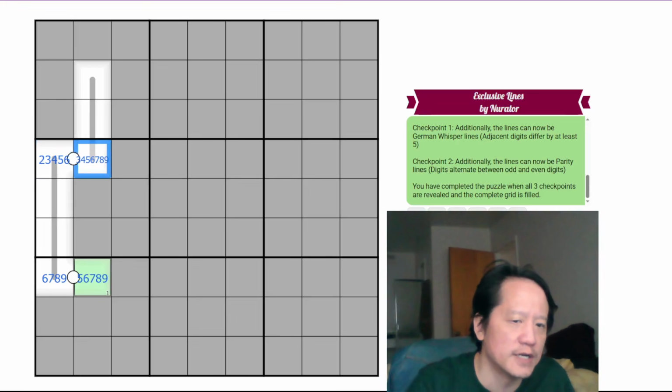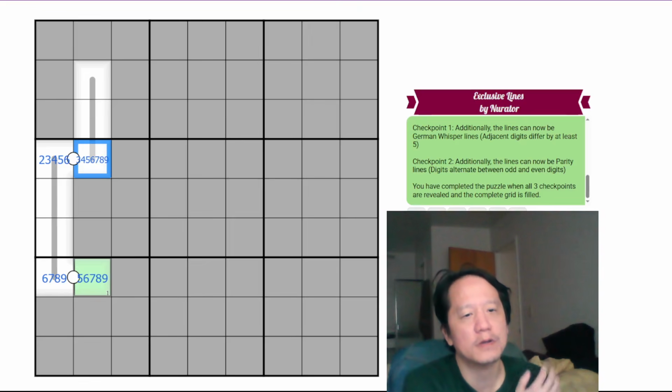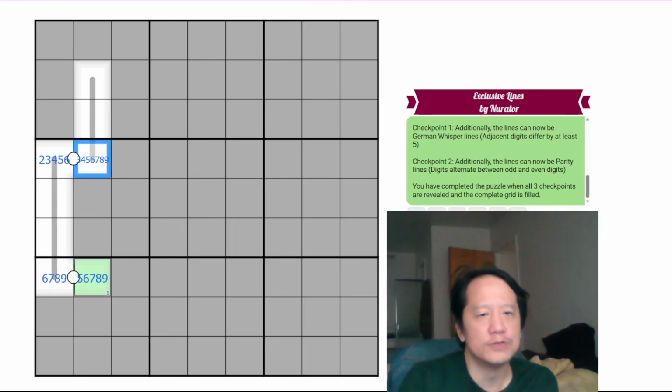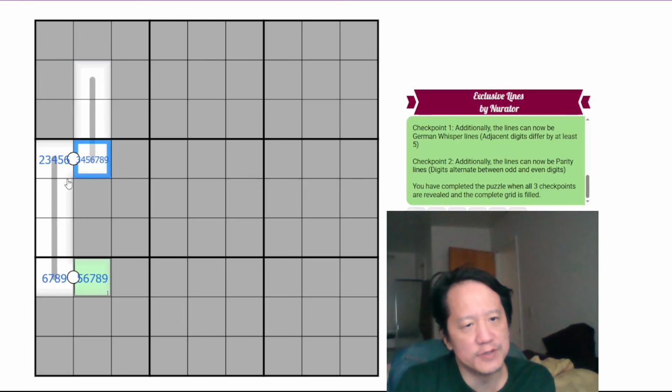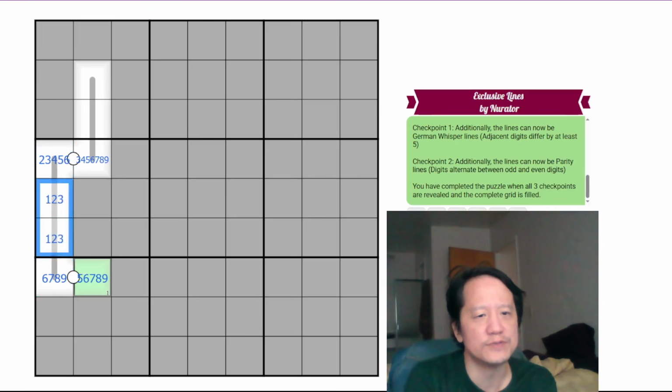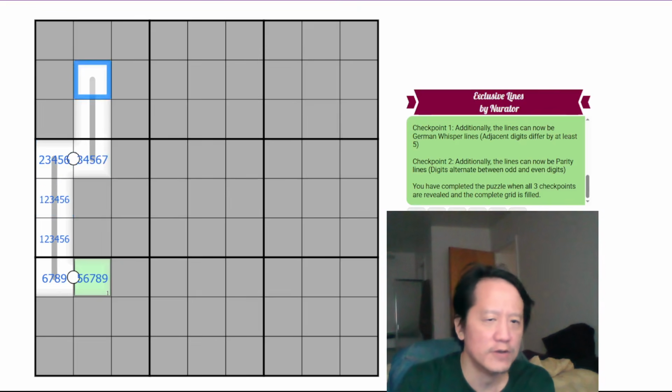So this cannot actually be... So the region sum line, these 2 digits add up to this. These 3 digits must add up to that. This can only be 2 through 6 here. These are 1 through 6. So this can't actually ever be 8 or 9. So these digits must be less than 7.